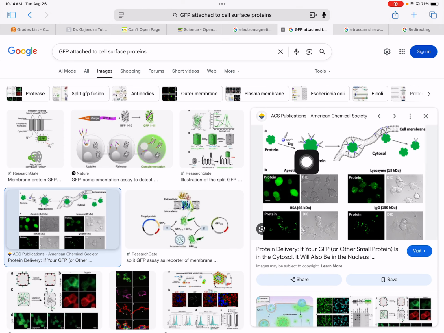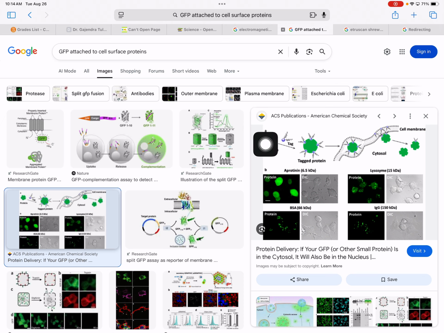Let's say there's this protein, and you want to see where this protein is in your body, in the cells, and you want to take an image of that. In this image, wherever that green light is, that's where the protein is, its concentration. So what you do is, you take this protein and attach a fluorescent molecule, and I'll tell you in a second what this fluorescent molecule is.